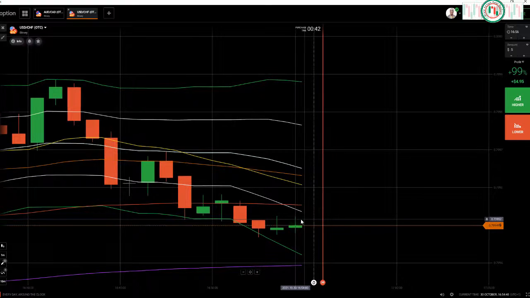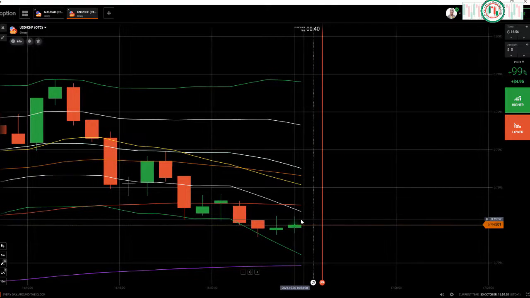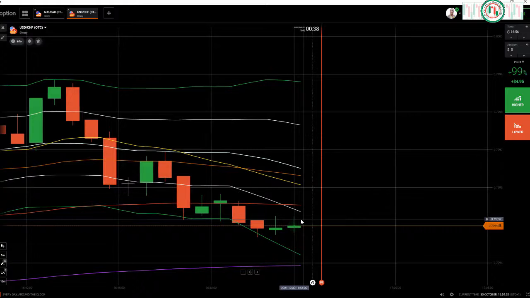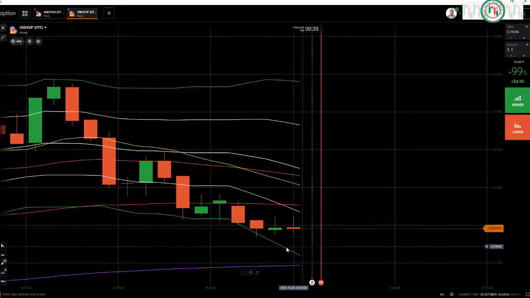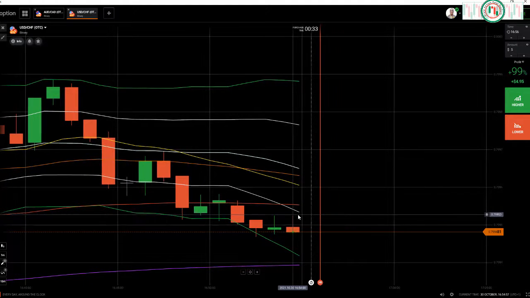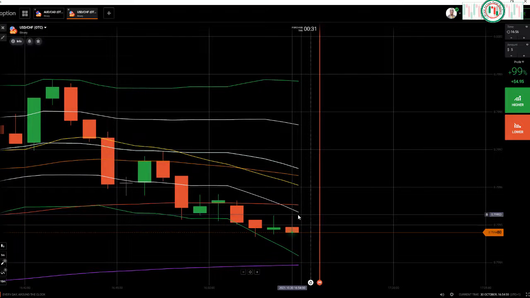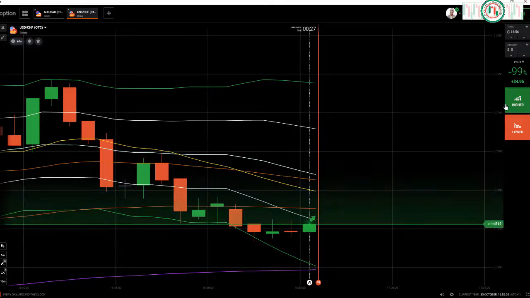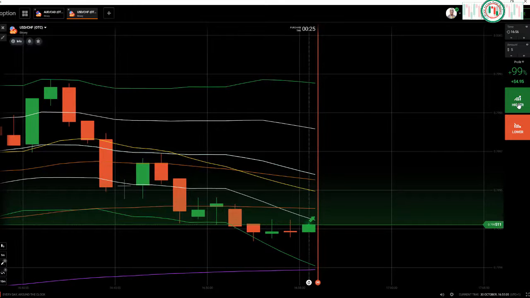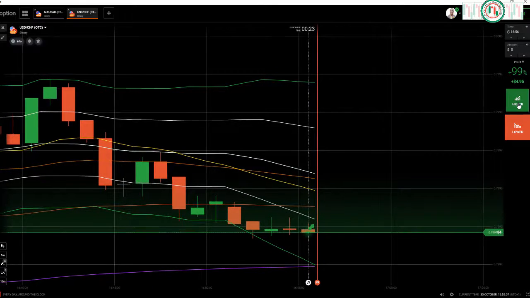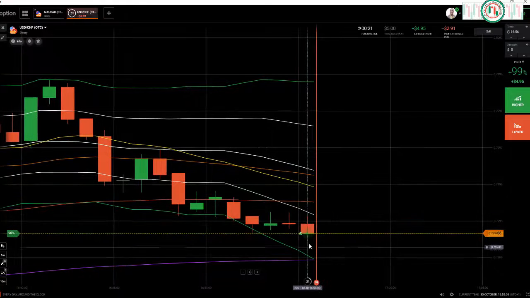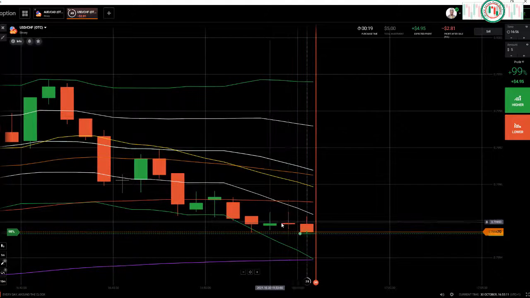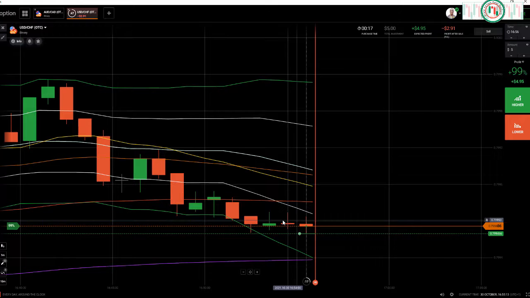If the market closes at this level, I will place a put option, even though we are far away. I missed this. I place a call option. I know definitely the market will reverse at this level.